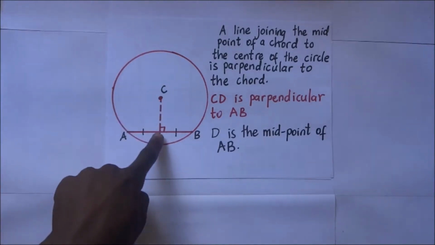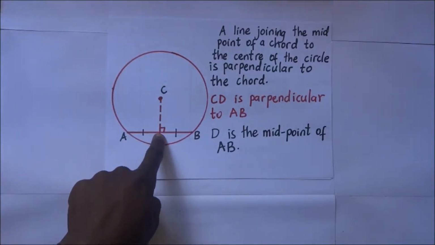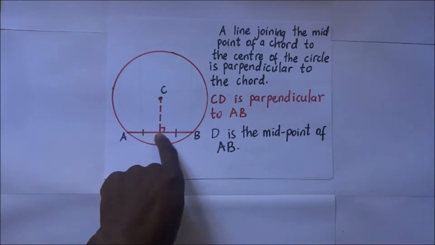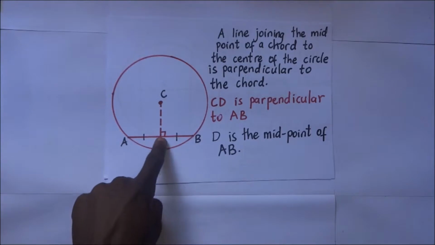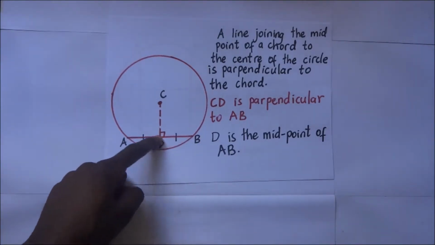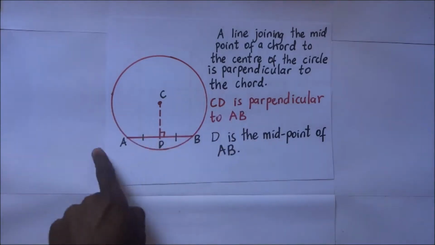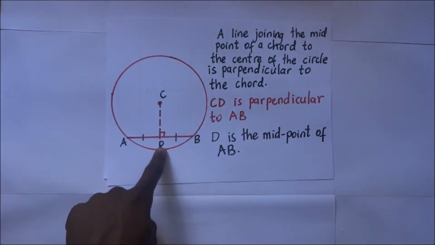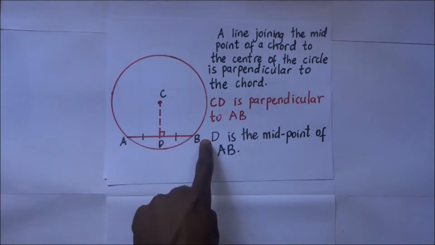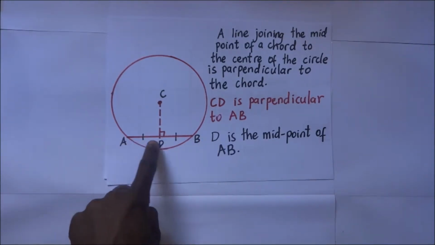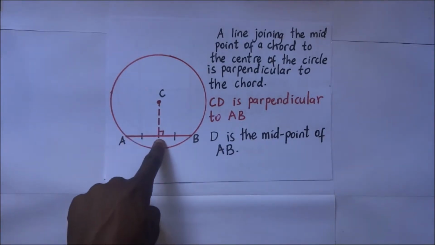This is just a minor detail of our previous property: the line that bisects this chord into two is actually meeting this chord at 90 degrees, or call it a perpendicular bisector. So CD is perpendicular to AB, and therefore D is the midpoint of AB. And if D is the midpoint of AB, it means that this portion AD is equal to this portion DB.